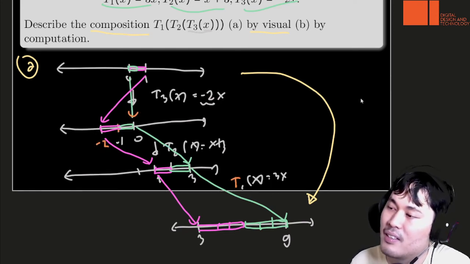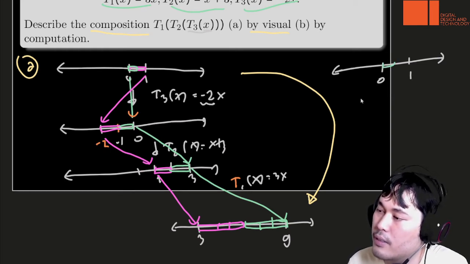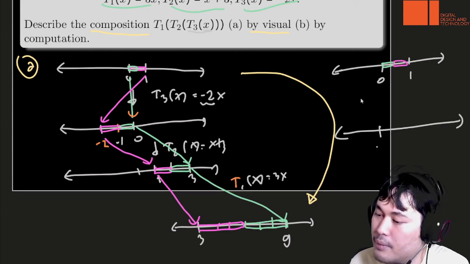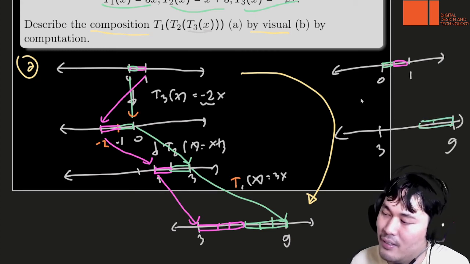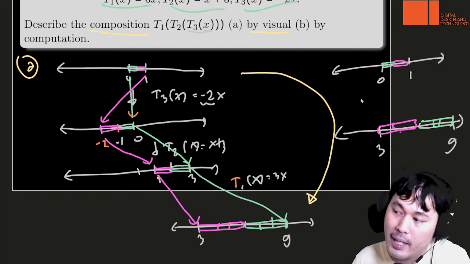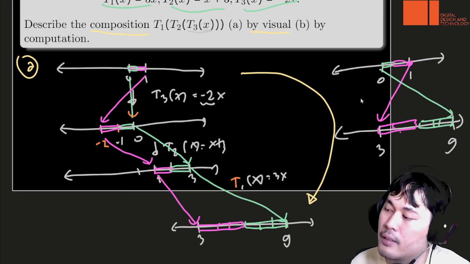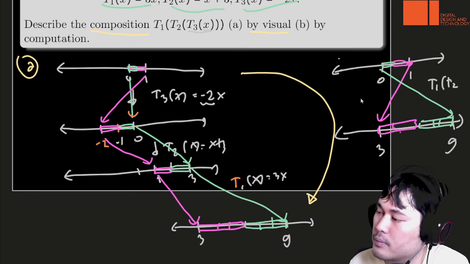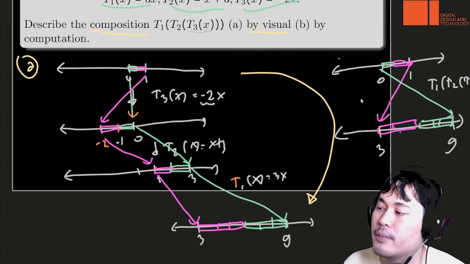So all you see here is that if you start from 0 and 1, then you're gonna get to 3, 9, in the reverse order, and this is important because we have a dilation by a negative number, and so the point 1 goes to 3, and the point 0 goes to 9. And so that's the composition of these 3 transformations condensed into one.